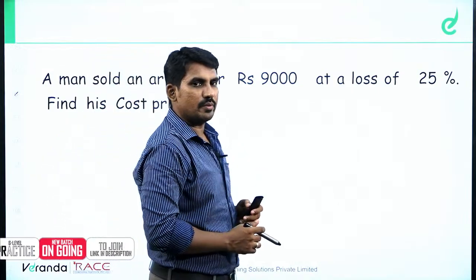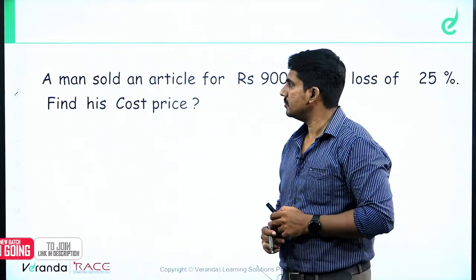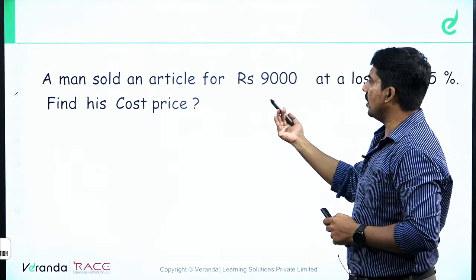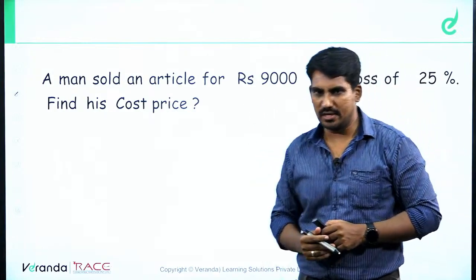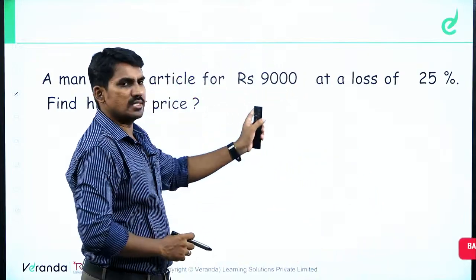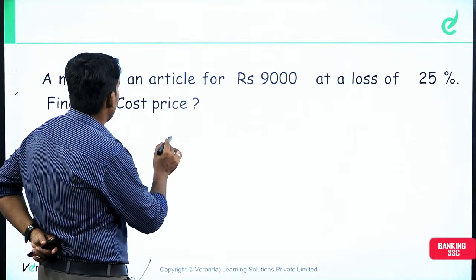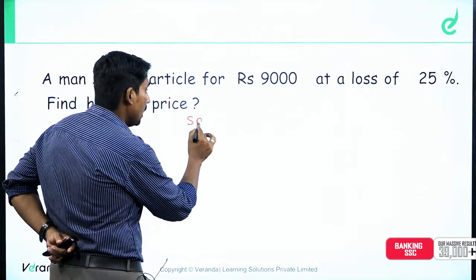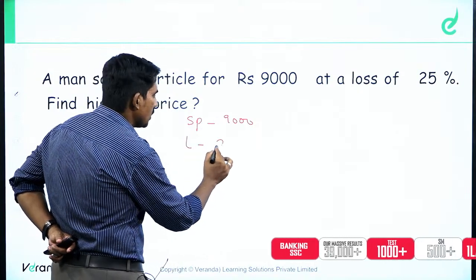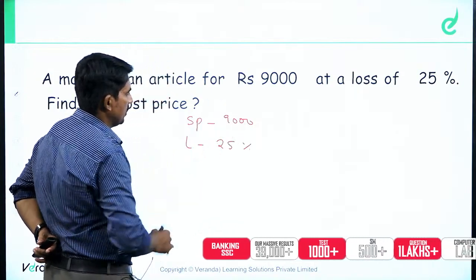Now, see the next question. Try. A man sold an article for rupees 9,000 at a loss of 25%. Find his CP. Again, understand the question clearly. Selling price given is 9,000 rupees. Loss is 25%.